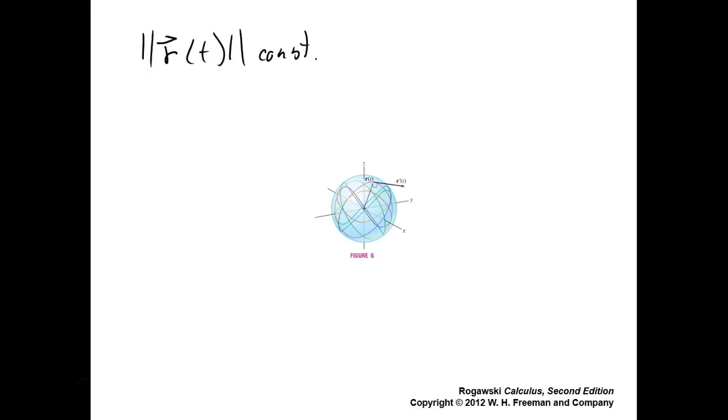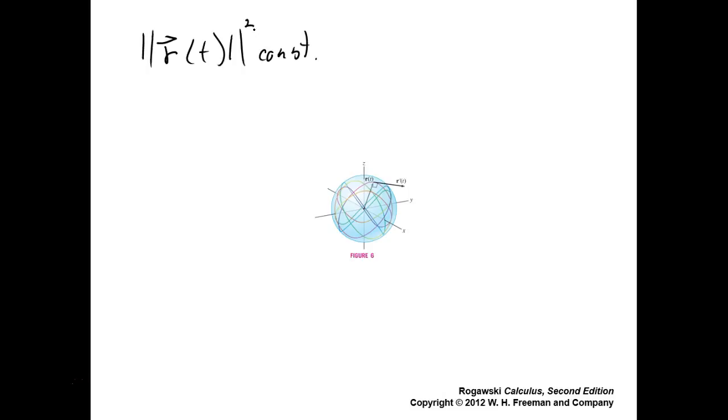Constant length. What does that mean? Same magnitude. Now, if that's constant, they do something just a little strange here, but not too awfully strange. They don't just use the magnitude of r, but if the magnitude is constant, so is the square of the magnitude.